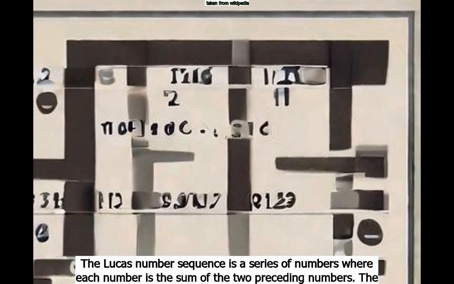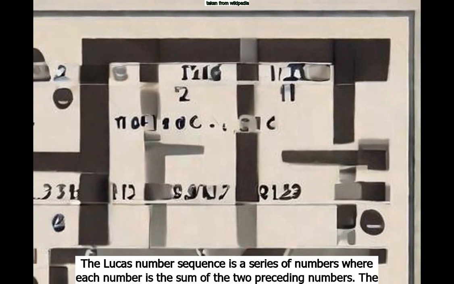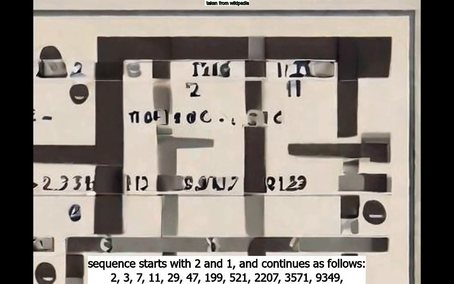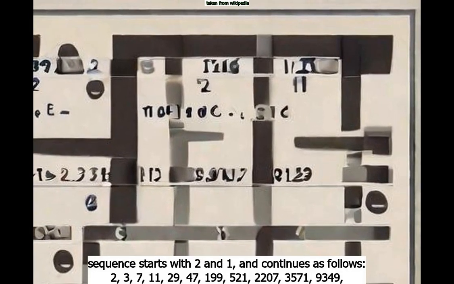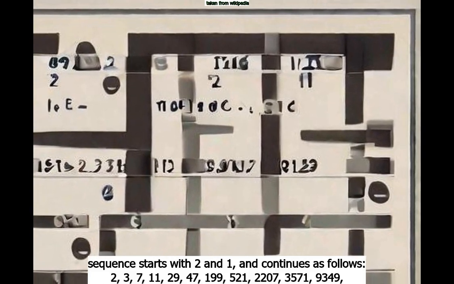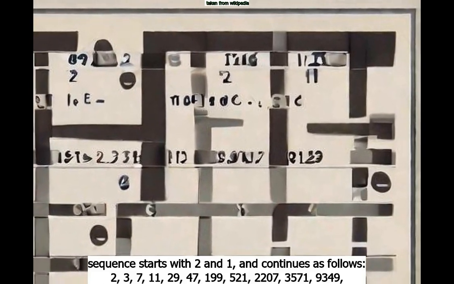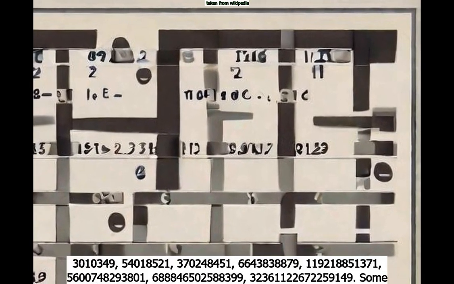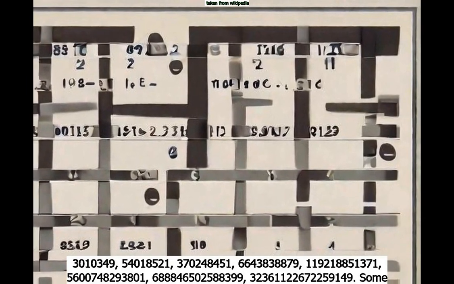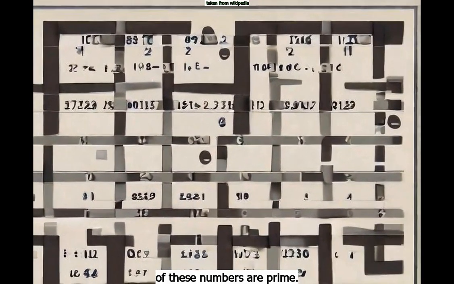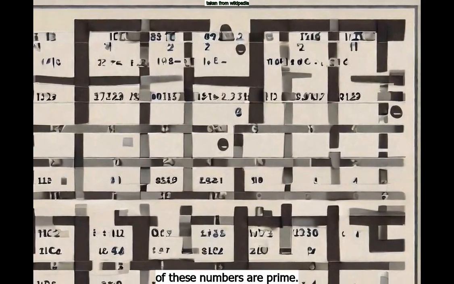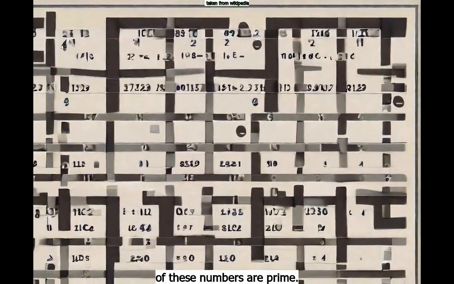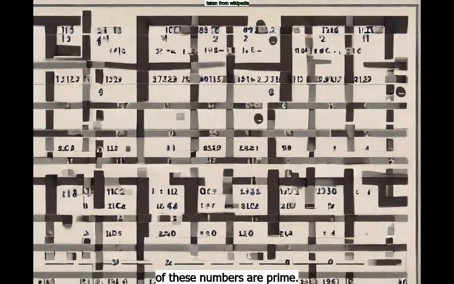The Lucas primes are: 2, 3, 7, 11, 29, 47, 199, 521, 2,207, 3,571, 9,349, 3,010,349, 54,018,521, 370,248,451, 6,643,838,879, 119,218,851,371, 5,600,074,829,301, 6,888,465,025,889, 32,361,122,672,591. Some of these numbers are prime.